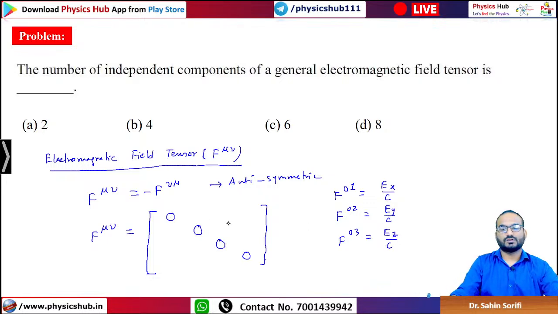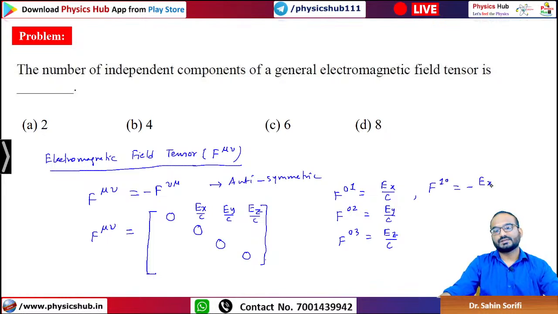Ex, Ey, Ez are the components of the electric field, right? Ex by c, Ey by c, Ez by c. Now you get the antisymmetric property. So F01, so F10 will be how much? F10 will be minus Ex by c, F20 will be minus Ey by c, F30 will be minus Ez by c.